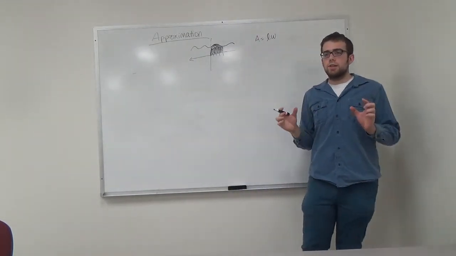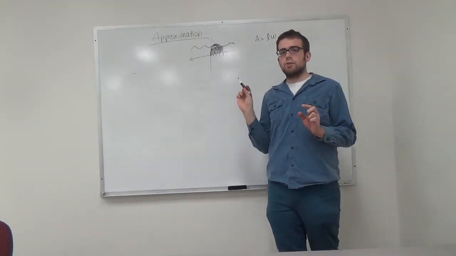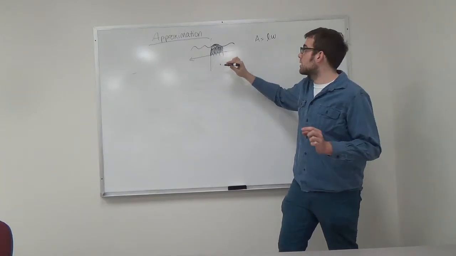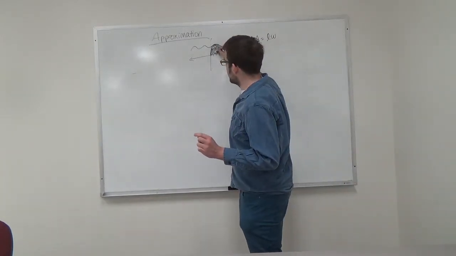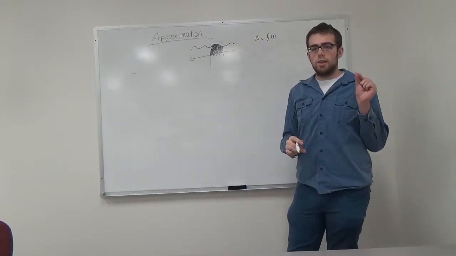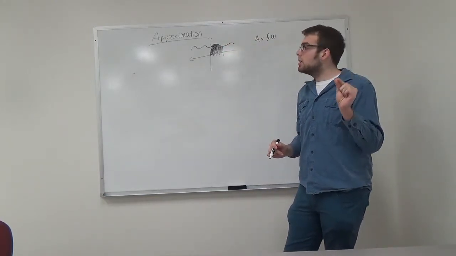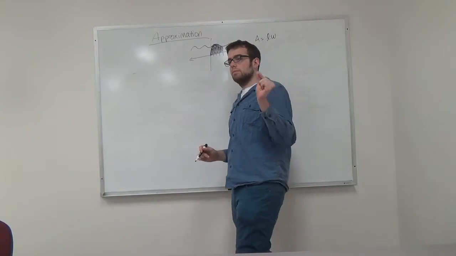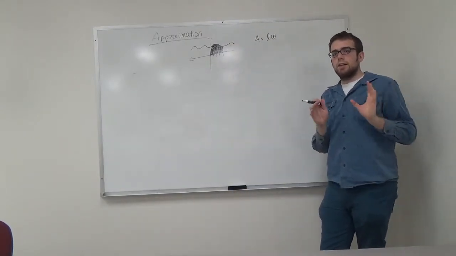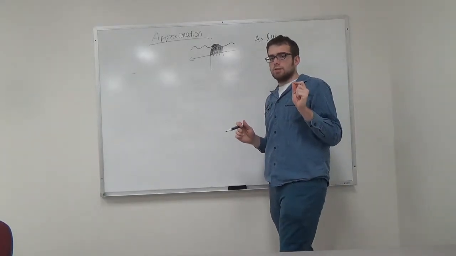If you've ever seen your graphing calculator when you do an integration, this is what it looks like, and that's really what it's doing. It's putting in many, many very thin rectangles into this function and adding the areas of these rectangles together.